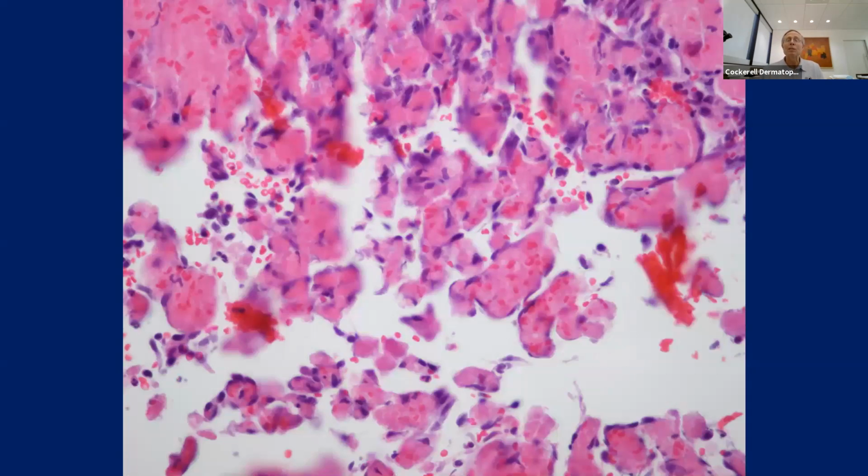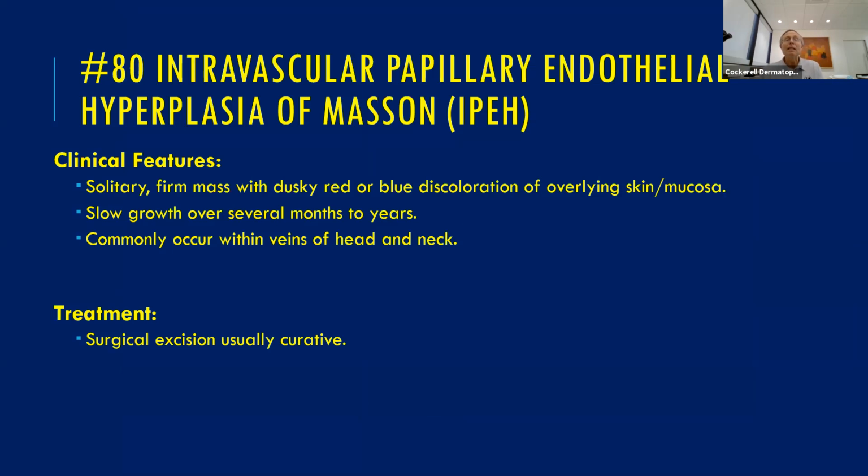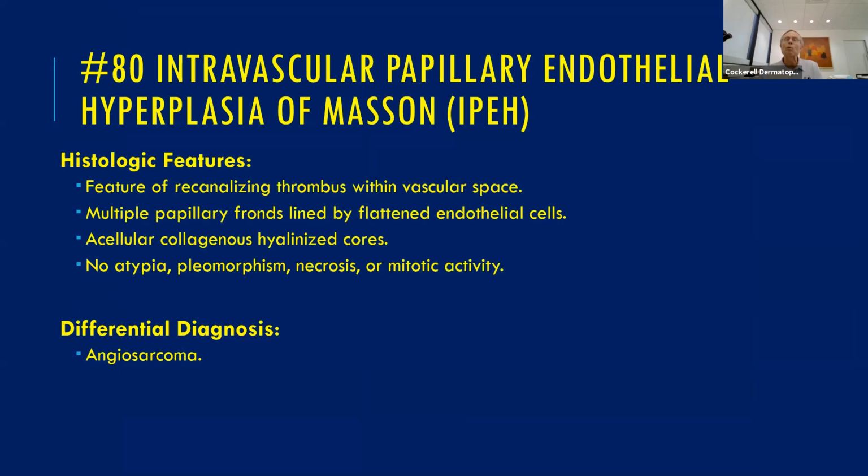The person's name that's associated with it is Masson. So basically, just think of it as a clotted blood vessel or a clotted hemangioma that's traumatized and then undergoes this organization. Now, there are a couple of other settings where you can get blood vessels that kind of get thrombosed for one reason or another, and then you get a vascular proliferative condition associated with that.